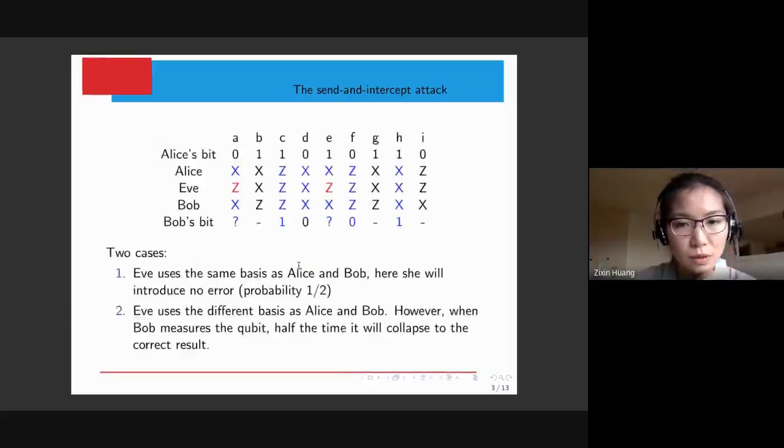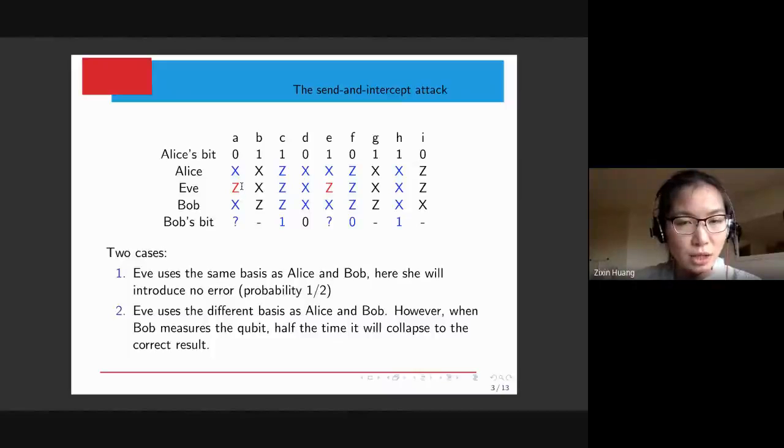So the answer is, the probability that Eve would have chosen the same basis is a half. So half the time, she'll just get it right. And the other half of the time, she would have chosen the wrong basis.